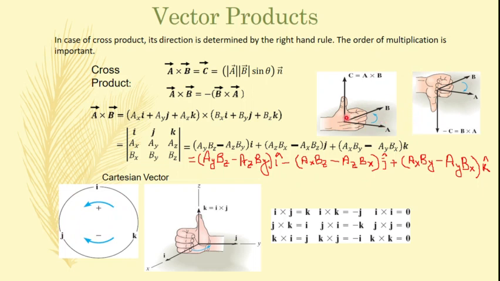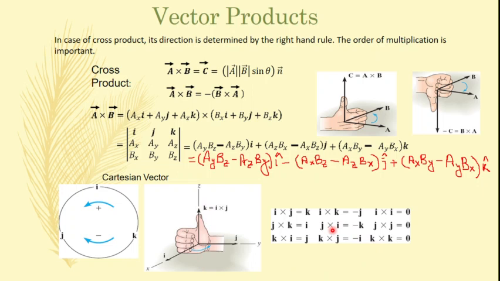The direction of this k, whether it is upward or downward: if we take i cross j, we get k. If we take j cross i, in the clockwise direction, then the direction of this k is downward. That is why it is negative.